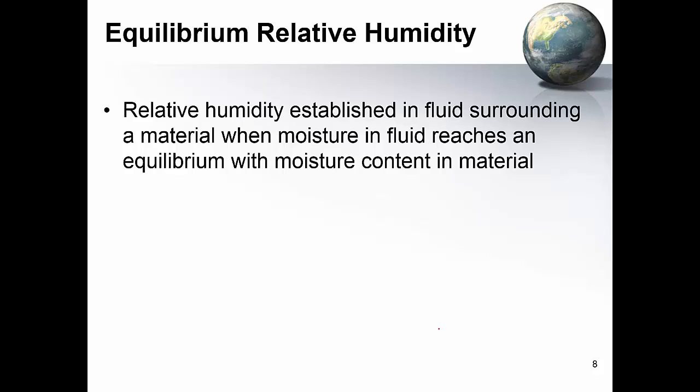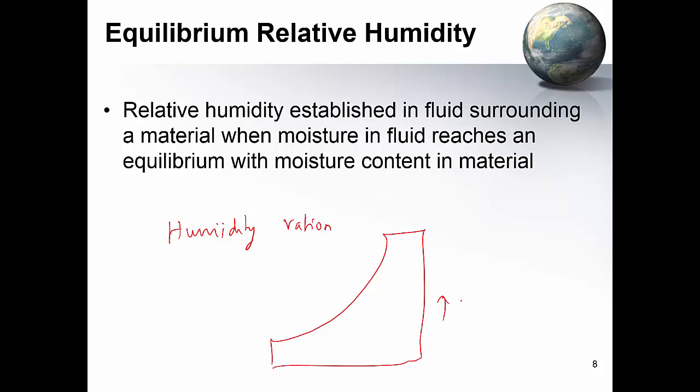So the humidity ratio, if you remember on the psychrometric chart, is on the y-axis.